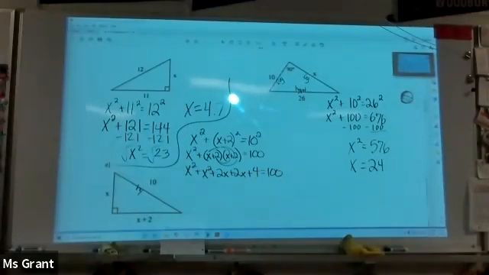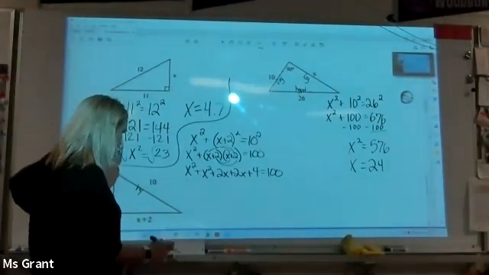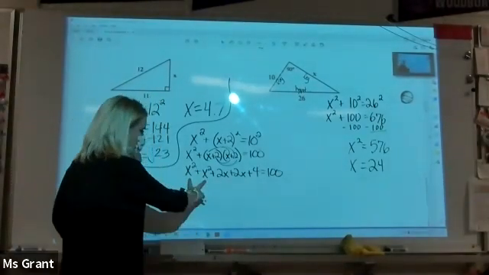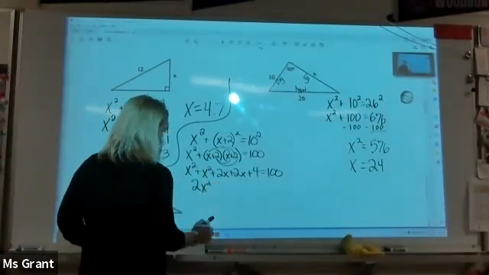Are we good? Should I slow down? Am I going too fast? So lots of combining like terms. X squared plus x squared, 2 of them, 2x squared.